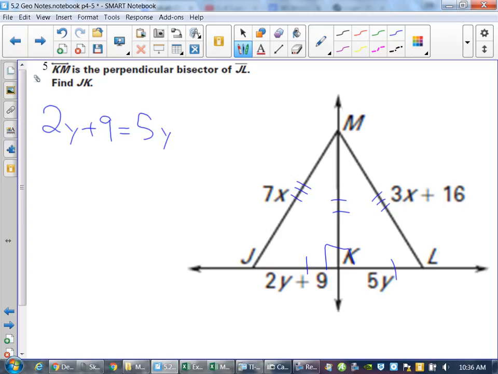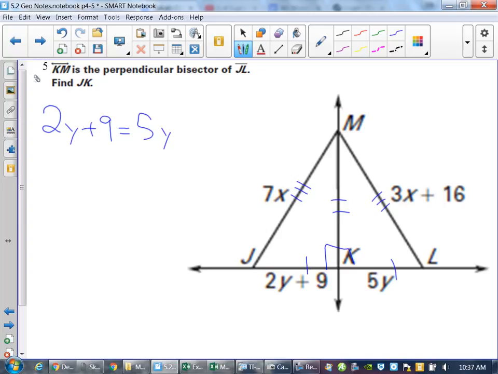It's a perpendicular bisector, so it does two things. It's perpendicular and it bisects it. It's cutting the segment in half, so it cuts it into two parts. Instead of just saying two segments are perpendicular, it's perpendicular and also a bisector. So it does two things. That's all. It's just making a combination.